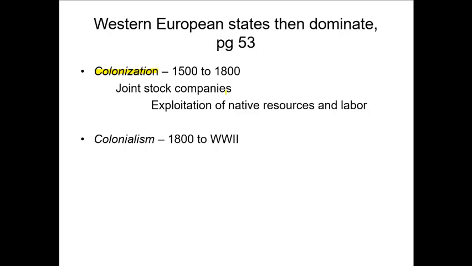They can exploit it because they can. They have the power to do that. They're able to sail across the ocean and exploit the resources of other peoples and other regions.